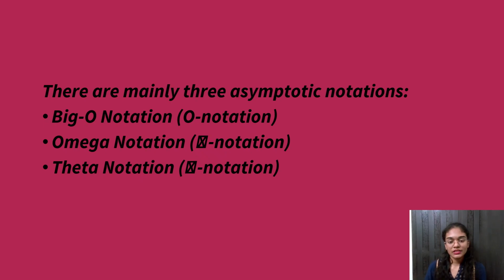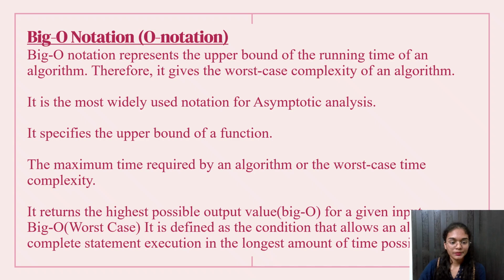There are mainly three types of asymptotic notation: big O notation, omega notation and theta notation. We'll see all three notations.